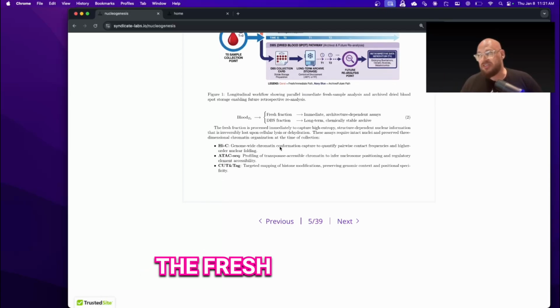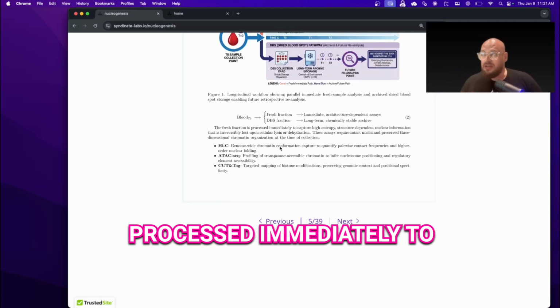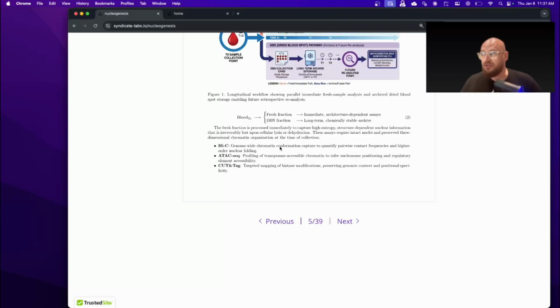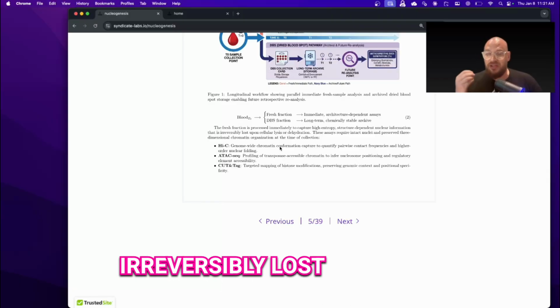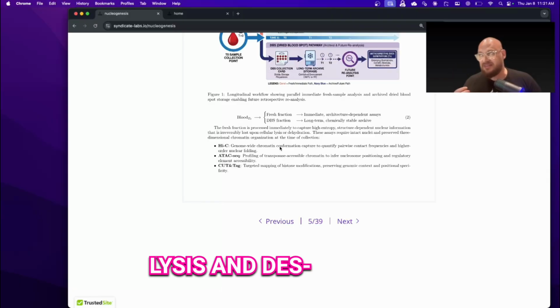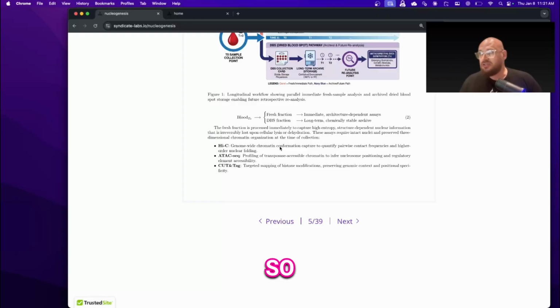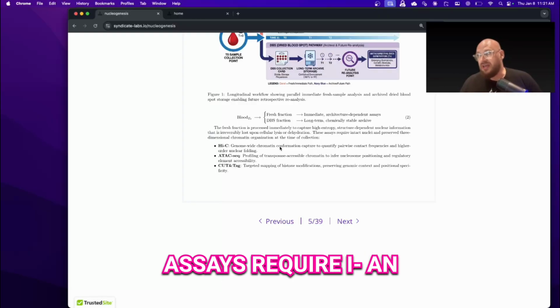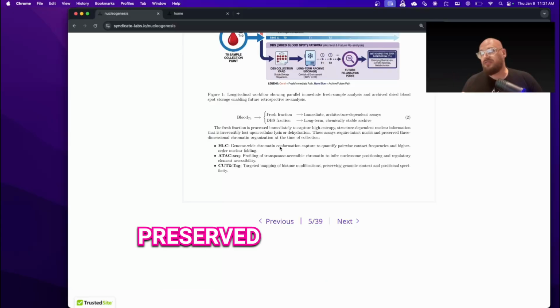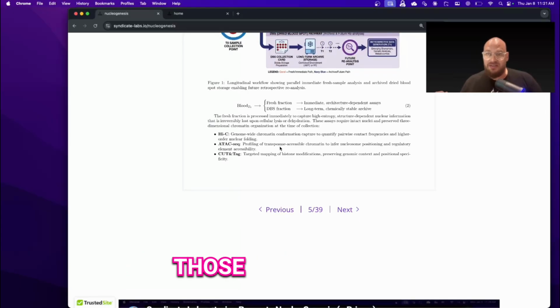So, anyways, the fresh fraction is processed immediately to capture high entropy single structure nuclear information that is irreversibly lost upon cell lysis and desiccation or dehydration. So that's why you do it right away. These assays require an intact nucleus or a preserved three-dimensional chromatin organization at the time of collection. And that is those tests that I just mentioned.